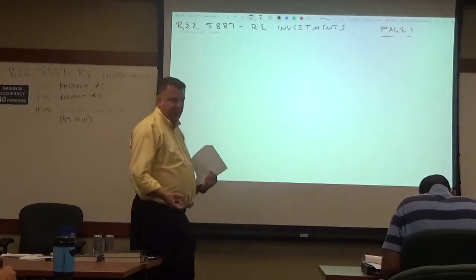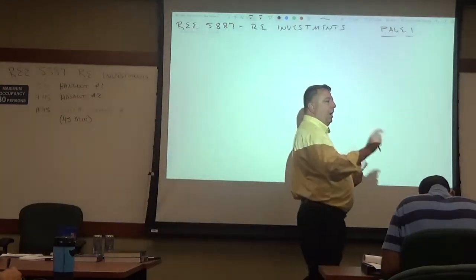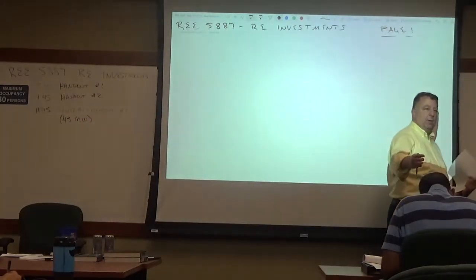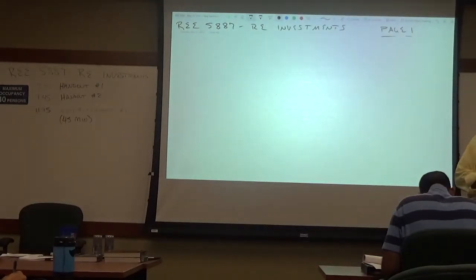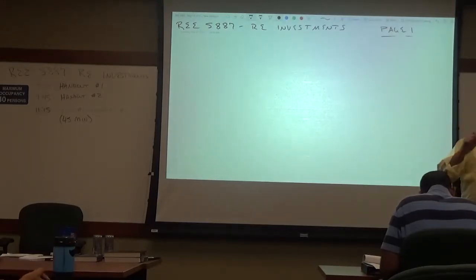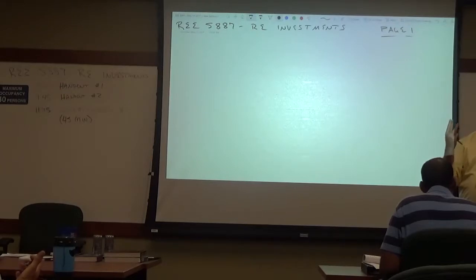Your third chance is if you bomb the first 3 quizzes and you bomb the tests, we have a comprehensive final for this course, which covers everything. That comprehensive final will replace your lowest test grade. Does that make sense to everybody? So you've literally got 3 chances to get it right.